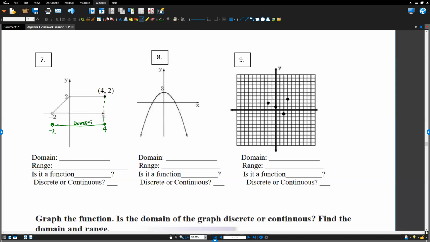You can say x is greater than -2, not including, because of the hole over here, but less than or equal to 4, including, the mark over here, right? That's fine. Or using interval notation, from -2, not inclusive, the maximum is 4, with the bracket including the number. This is the interval notation.